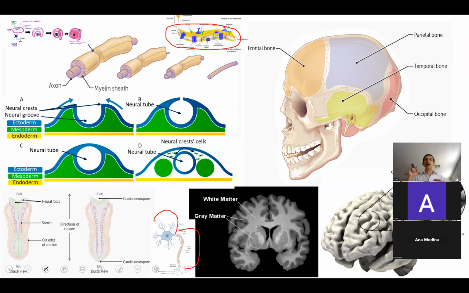The longest projection of the cell body is called an axon, and those axons usually have a wrapping, sometimes a little, sometimes quite a lot. That wrap is nothing but a membrane, a phospholipid bilayer, wrapped around it.